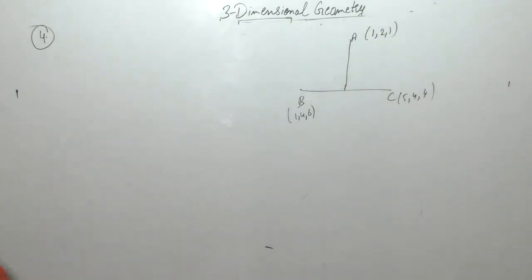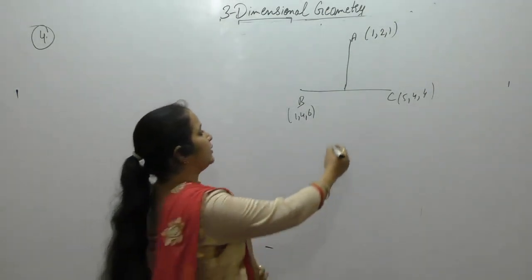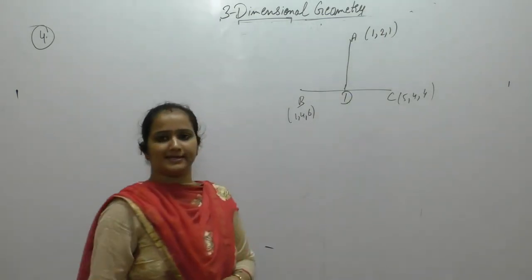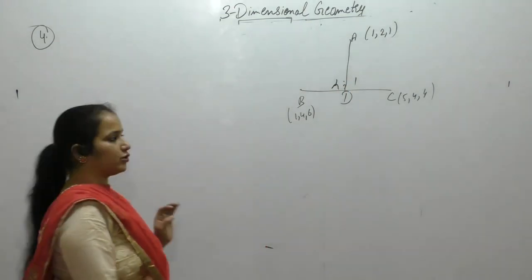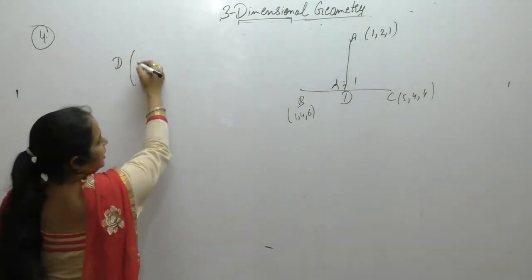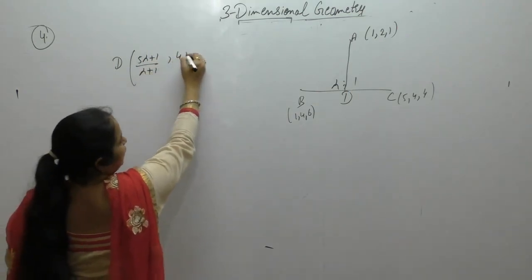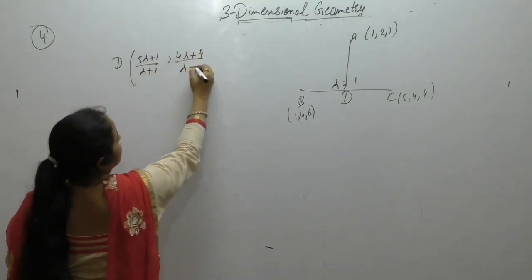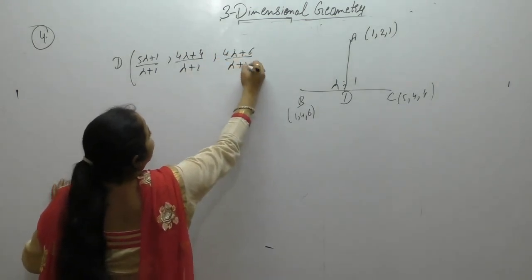Let D be the foot of the perpendicular drawn from A on BC. Let D divide BC in the ratio lambda to 1. Then the coordinates of D are (5 lambda plus 1, 4 lambda plus 4, 4 lambda plus 6) upon lambda plus 1.